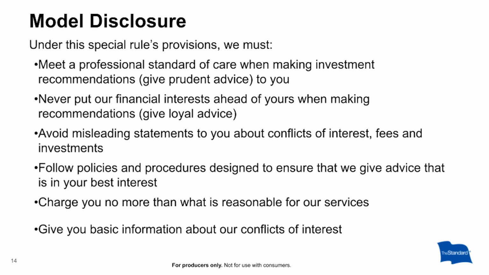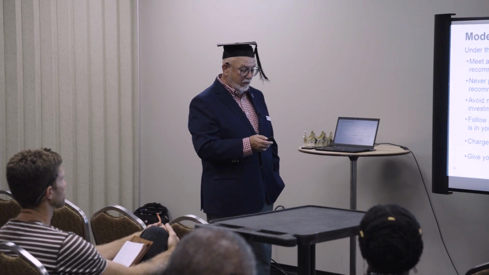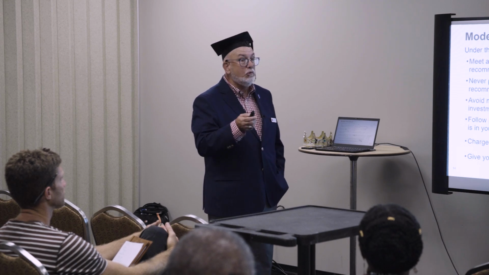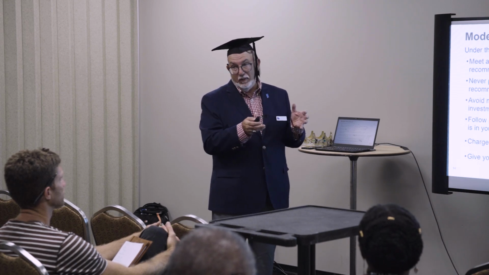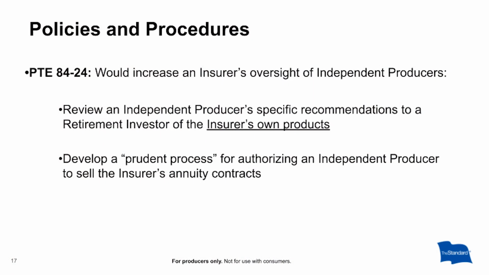So I think we can agree that we're all getting reasonable compensation in that regard. And then really disclose if I have any conflicts of interest. You know, if you buy this product, I might qualify for some other incentive, things like that, or I might get those kinds of additional perks that sometimes you can get if you focus on a particular product or a particular company. So let's talk about each of these tenets here.